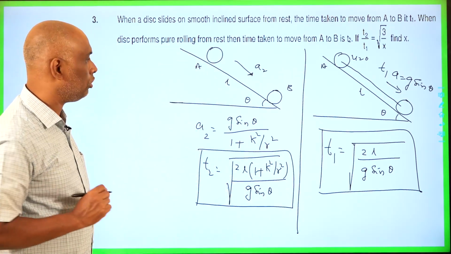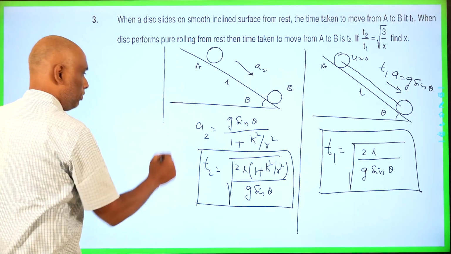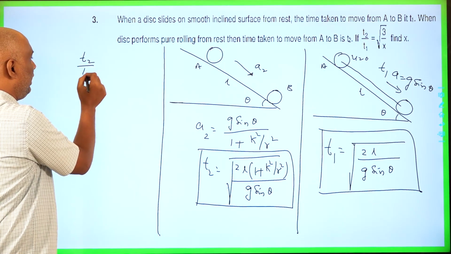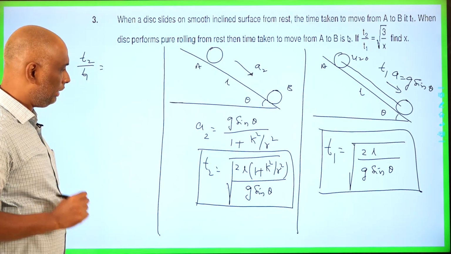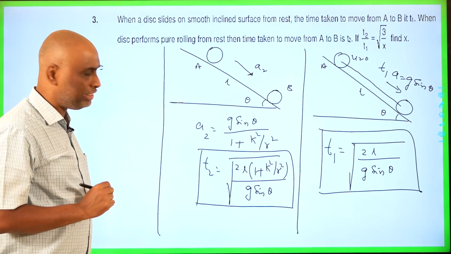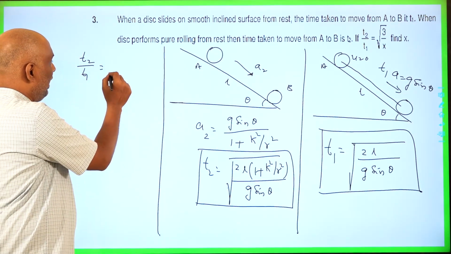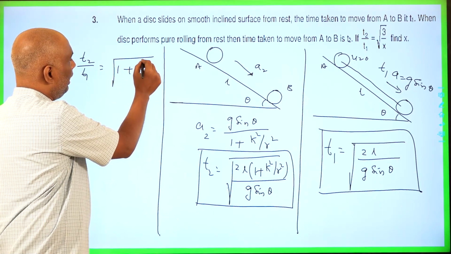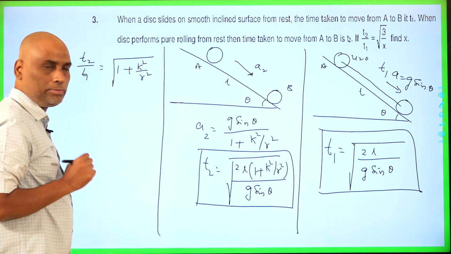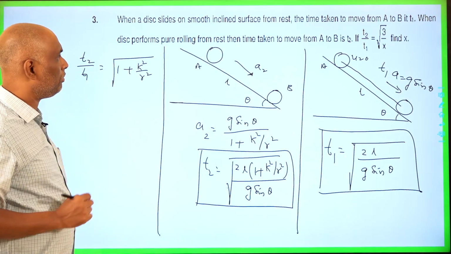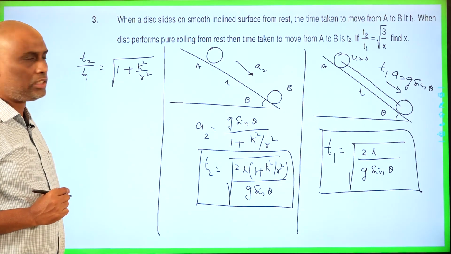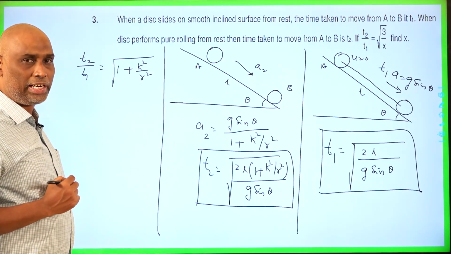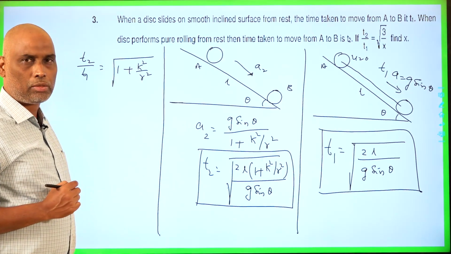According to the question, you are asked to find the ratio of these two values, that is t2 divided by t1. When I take the ratio of t2 and t1, all the terms get cancelled, and we are left with only under root of 1 plus k square divided by r square. Because this is a disk, the value of k cm is 1 divided by 2 times the radius, so k square by r square becomes 1 by 2.